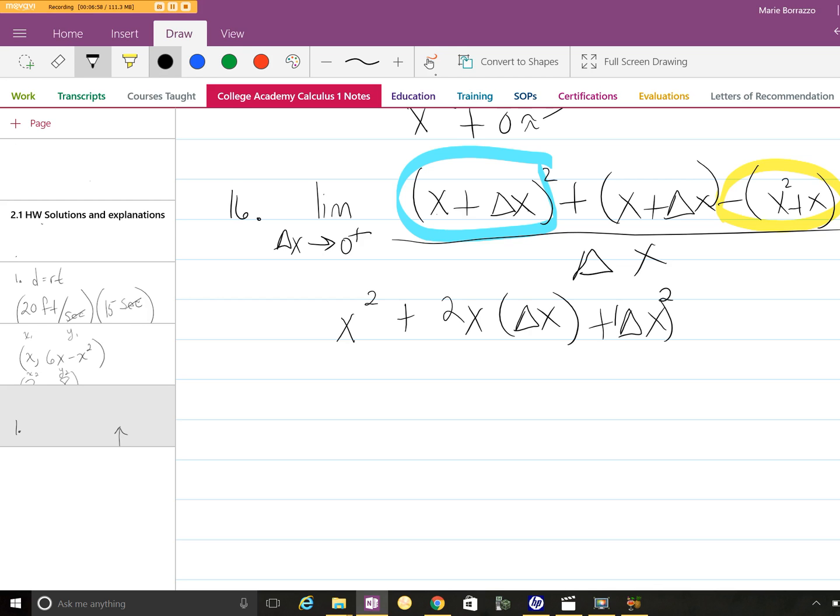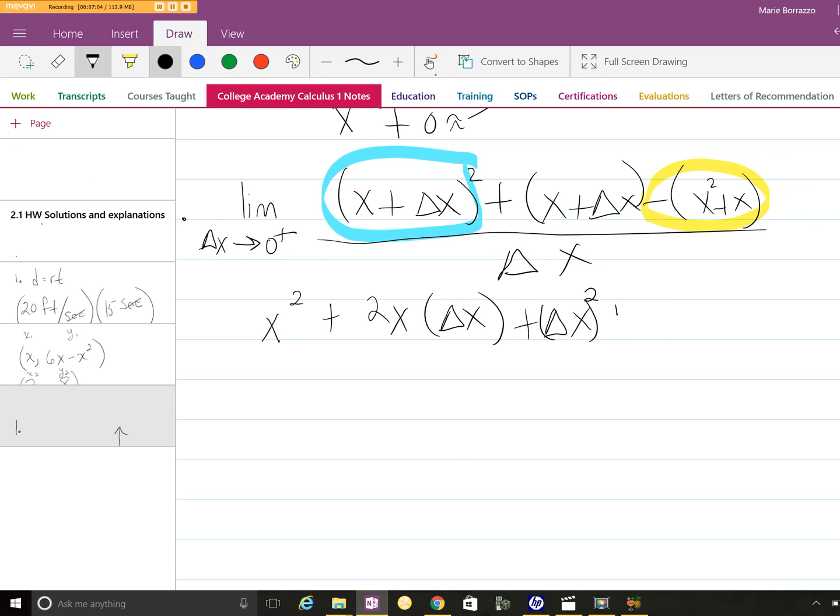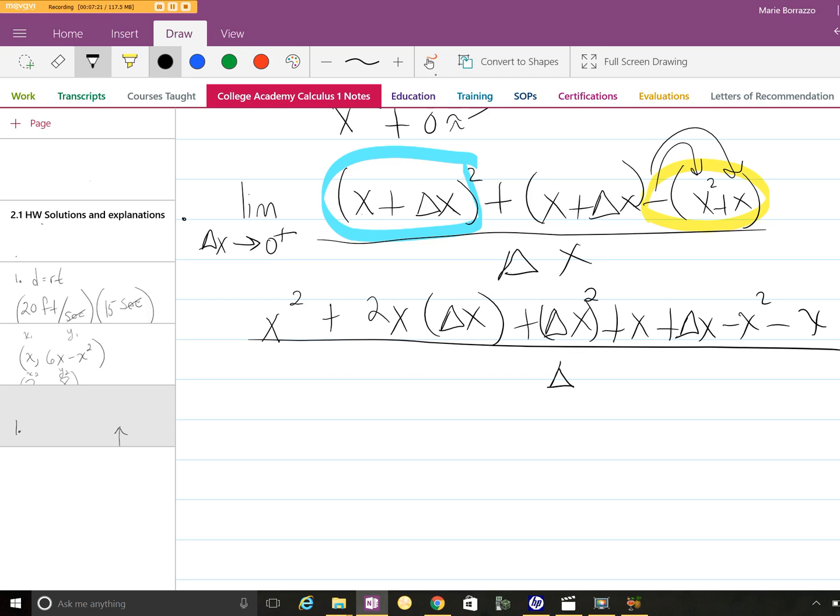Keep in mind all this is one term. I'm simply going to bring down the rest of this equation. So I'm going to bring down the plus x plus the change in x. I'm going to distribute that negative. So this will become minus x squared minus x. All of this gobbledygook is over the change in x.